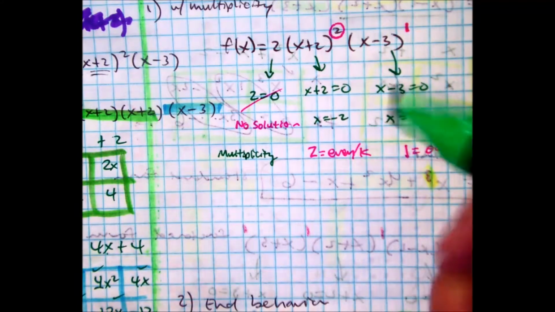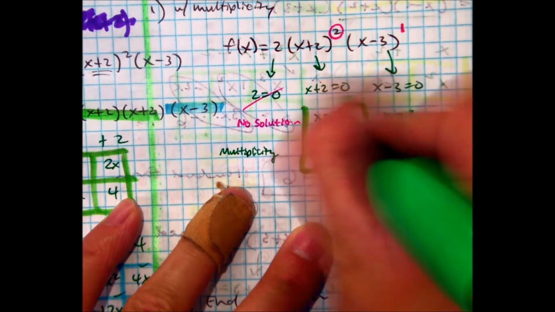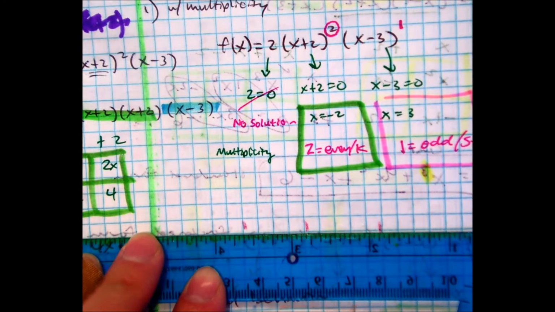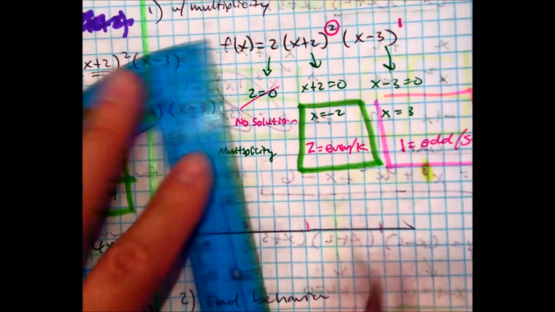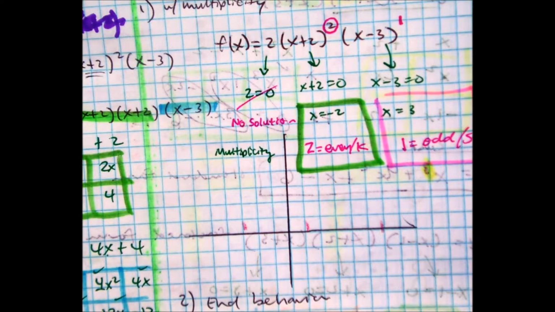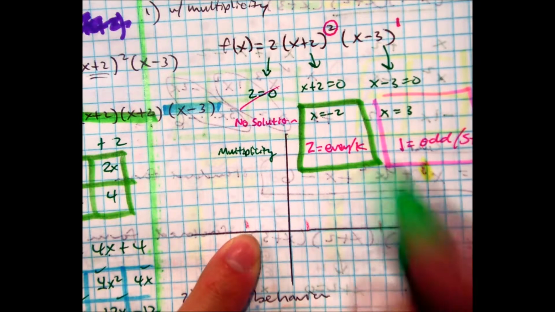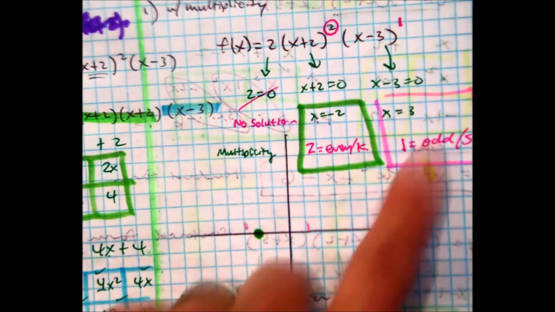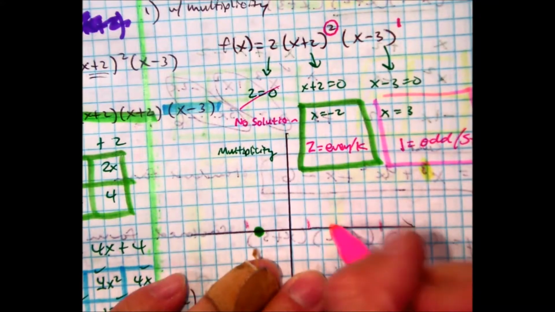Let's color code this. Down to green. Down to pink. Draw a graph. So at negative 2, I'm going to put a dot. And x equals 3.